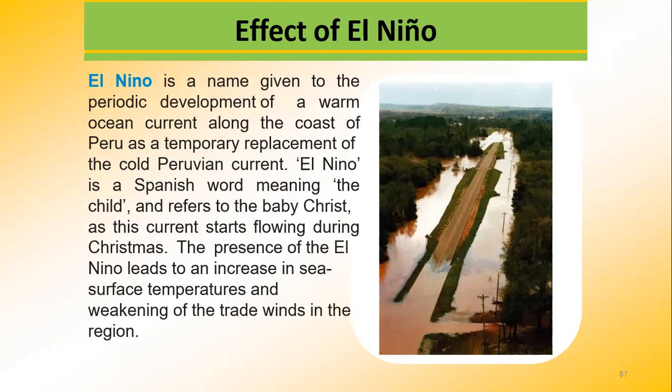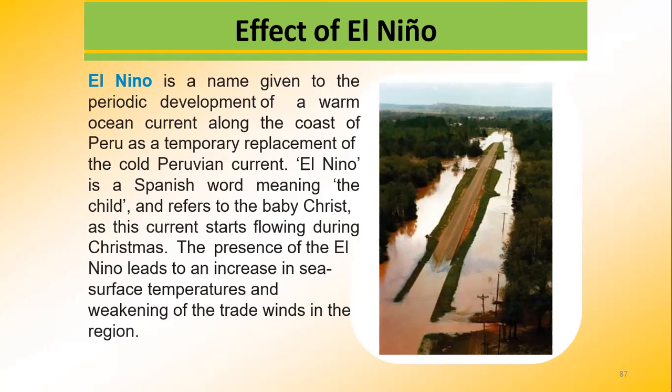So El Nino is a Spanish word which means the child, and it refers to baby Christ. As this current starts flowing during Christmas, its name is El Nino, which means the child, and it actually refers to the baby Christ.